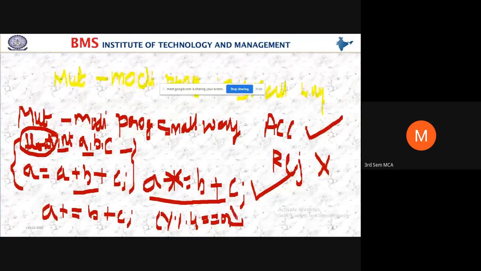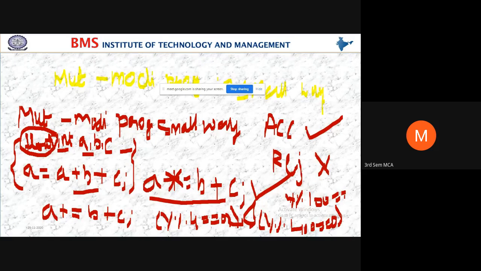Next, year mod 400 is equal to 0, and year mod 100 is equal to 0. Yes, students, I'm changing the logic condition also, in the case of leap year. If I change the condition, is it affecting the program behavior? No, it is not affecting the program behavior. All these types of changes I can do in the mutation.